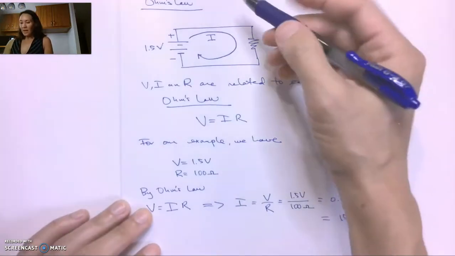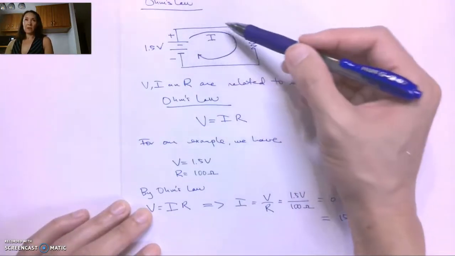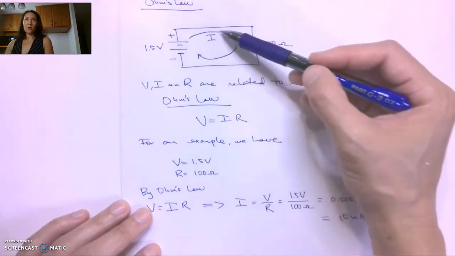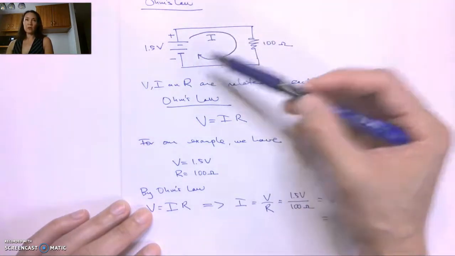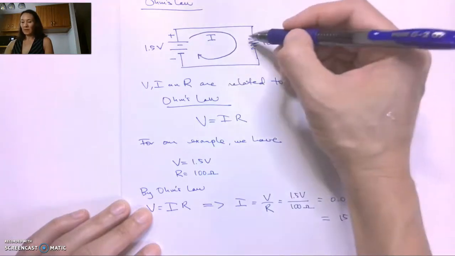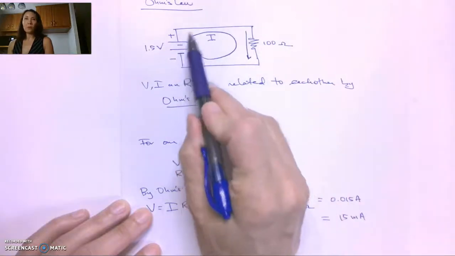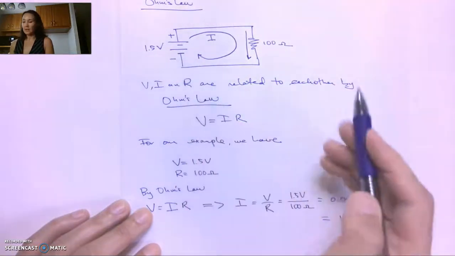So that means that we have 15 milliamps of current that is originating from this voltage source and flowing everywhere in this circuit. So there's 15 milliamps that is flowing through this resistor, because there's only one path that the current can take.